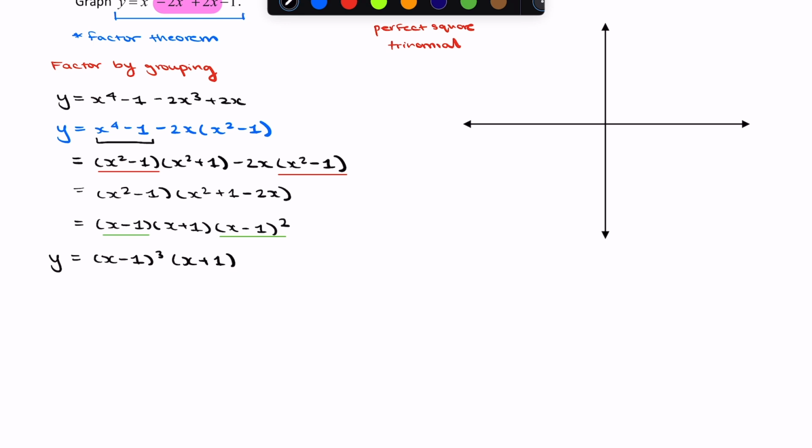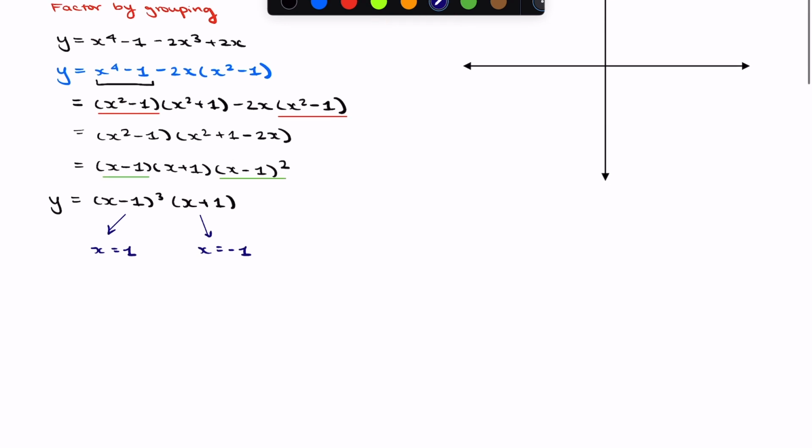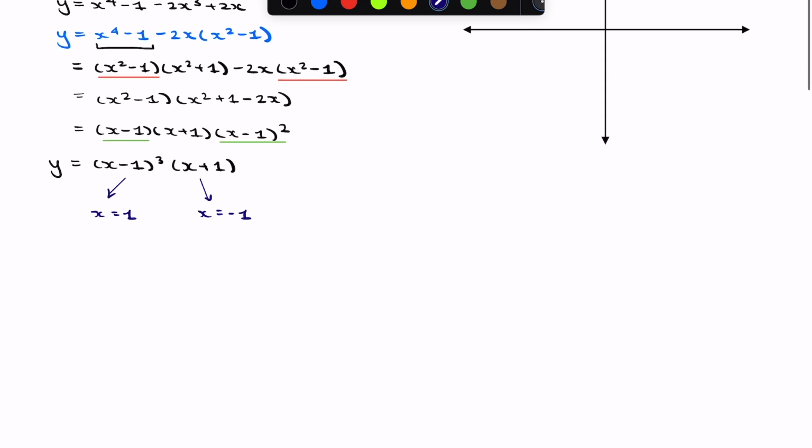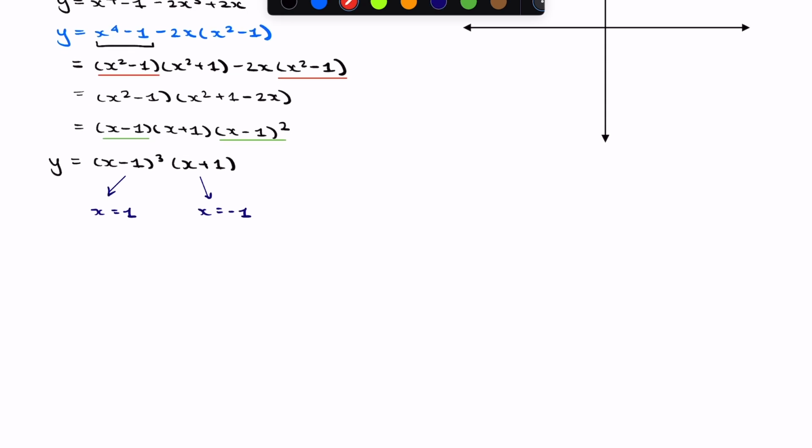Here we see that if we look at our x-intercepts, we have two x-intercepts: x is equal to 1 and x is equal to negative 1. And our y-intercept, when x is equal to 0, will be equal to negative 1.